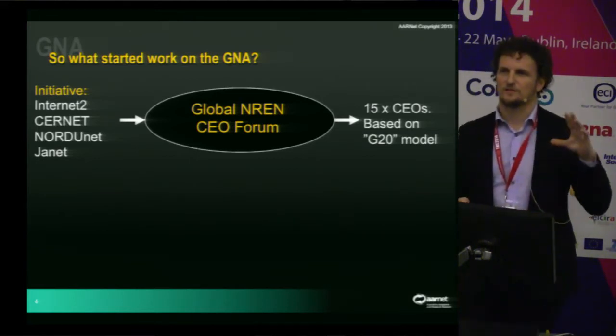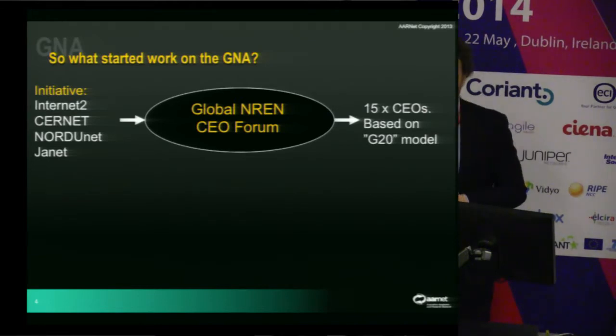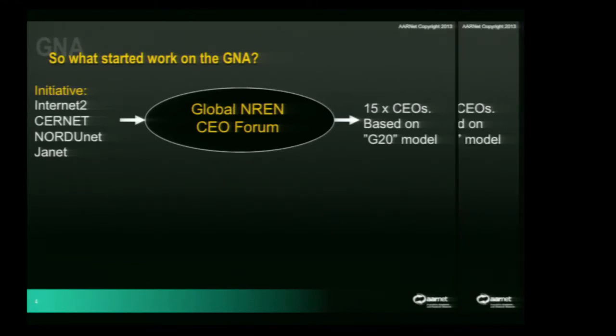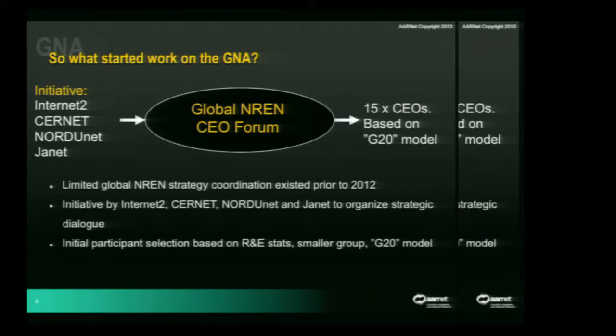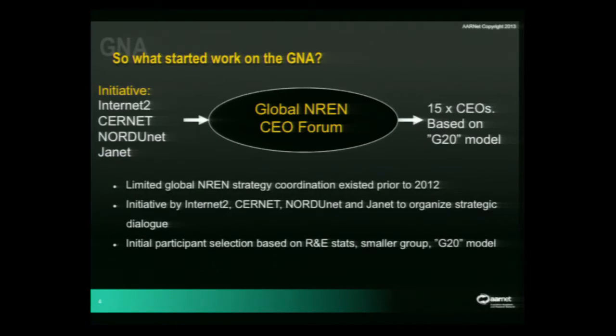And so they created the Global NREN CEO Forum, which is currently a group of 15 CEOs. Based on the G20 model, so presumably they're not so good with their maths. And the idea is that it addresses this question of collaboration, and more concretely is an attempt to bring out services and various other initiatives in a coordinated manner.